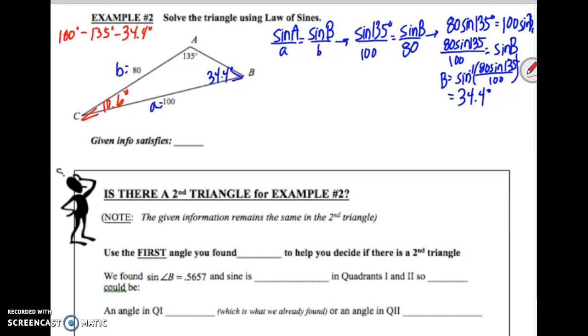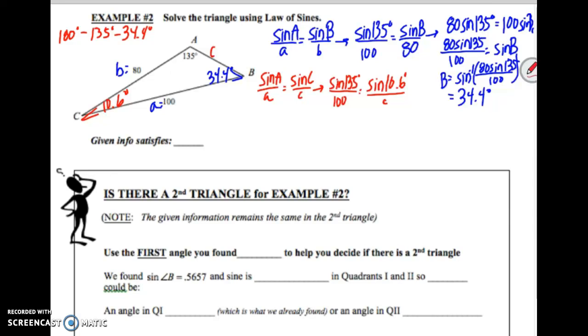So now we can find the missing side length c by taking sine of A divided by a and setting that equal to sine of C divided by little c. Since the measure of angle A is equal to 135 degrees, we have sine of 135 divided by 100, and that's equal to sine of 10.6 degrees divided by little c.